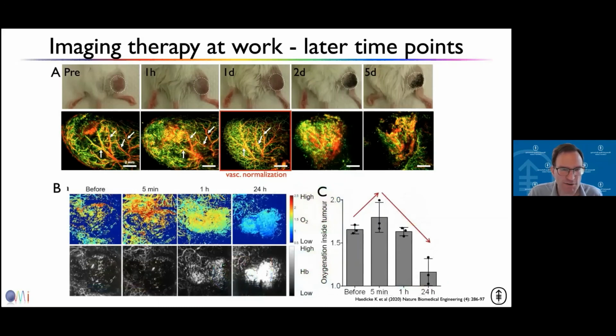The interesting part, which excited our Israeli colleagues, was that after 5 minutes, you get sort of an oxygen burst. They were excited because you need the oxygen, of course, for the therapy to work, because it creates reactive oxygen species, and you need oxygen for that. So first you get a burst, and then you see how the oxygenation clearly goes down.